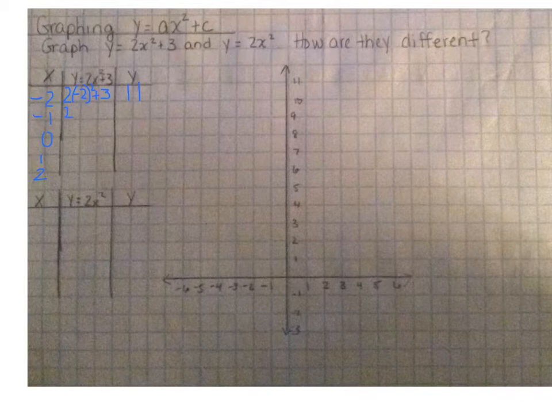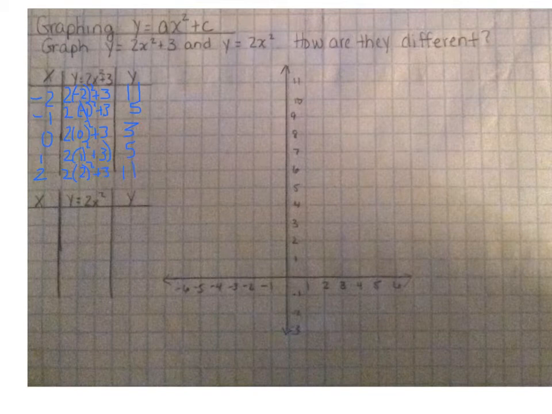We have 2 times negative 1 squared plus 3. That gives us 5. 2 times 0 squared plus 3 gives us 3. 2 times 1 squared plus 3 gives us 5. And 2 times 2 squared plus 3 gives us 11.